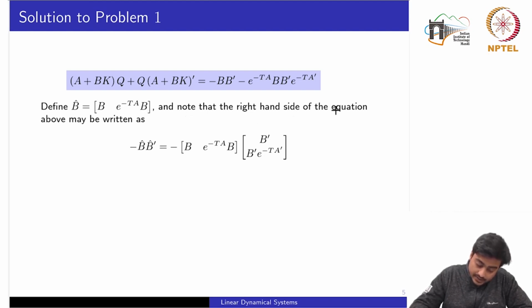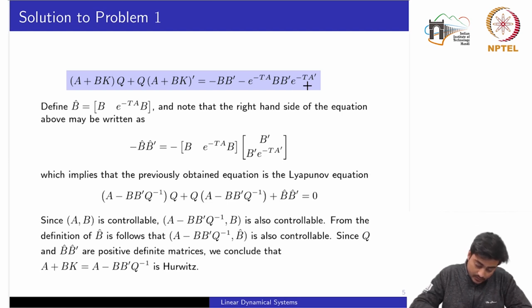And note that the right hand side of the equation above may be written as minus B hat times B hat transpose, because if I simplify this expression, I will get this one, which implies that the previously obtained equation is basically the Lyapunov equation, and finally we obtain this. Now we only need to visualize whether this matrix is positive definite or not.